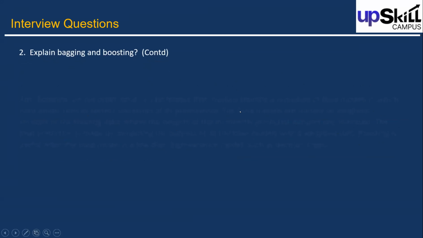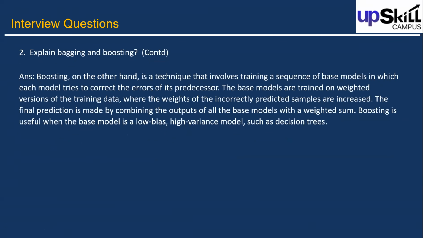Now, boosting does the same thing but in a different manner. It also has a couple of different base models. But here the concept is that the first base model could handle some part of the data, like 70%, and 30% it could not predict properly.